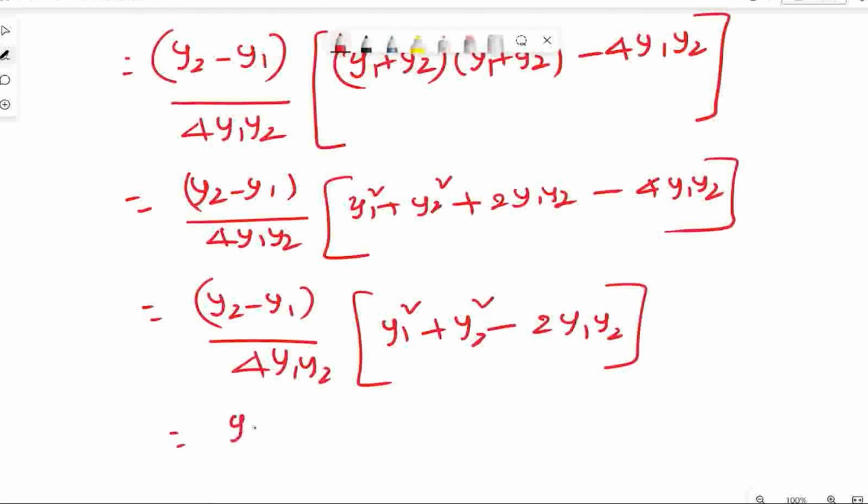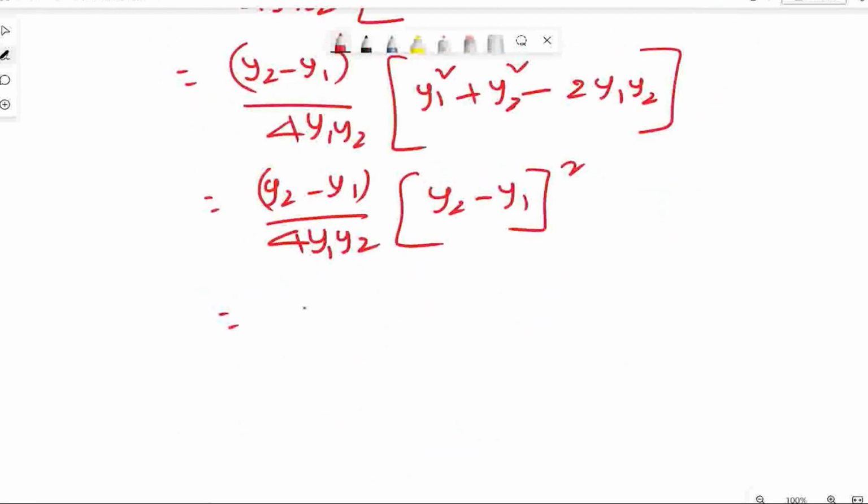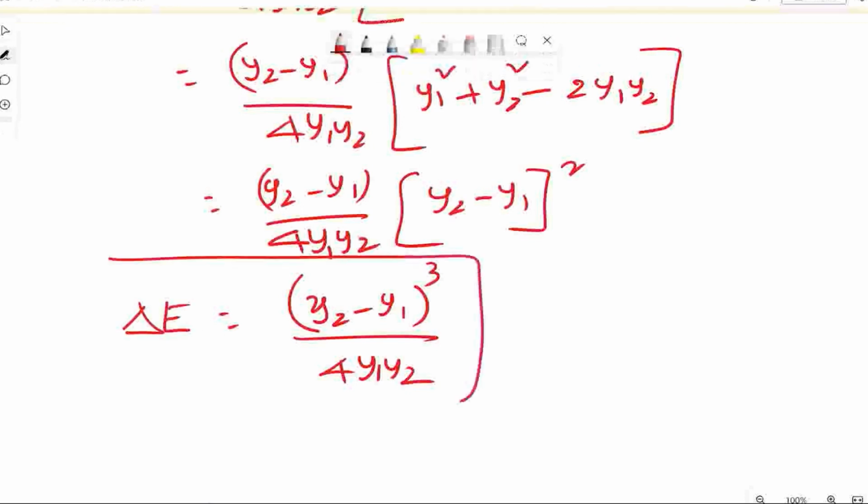So it is y2 minus y1 divided by 4 y1 y2 into y2 minus y1 whole square. So finally it is y2 minus y1 whole cube by 4 y1 y2. So this is there. So what is the loss of energy?